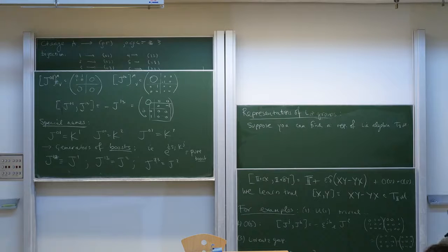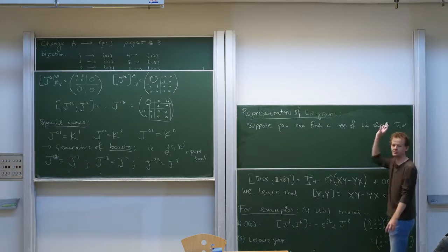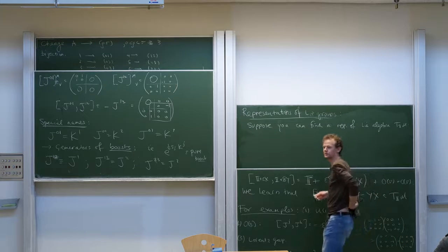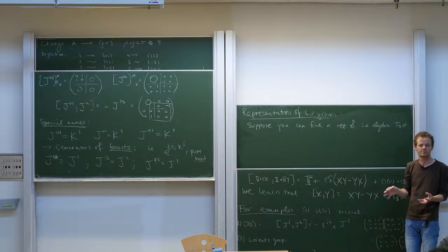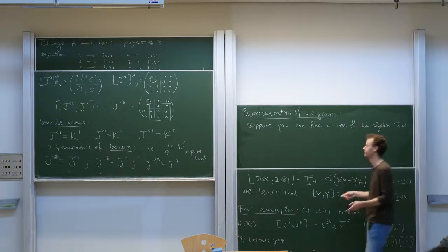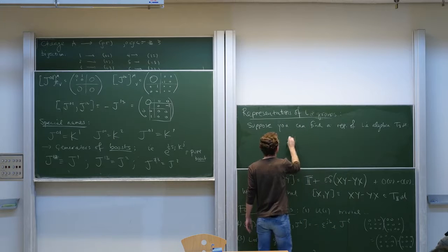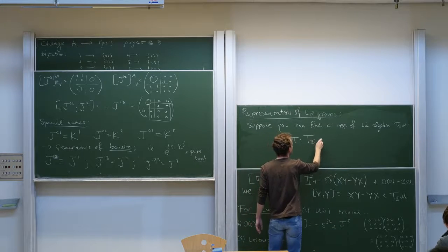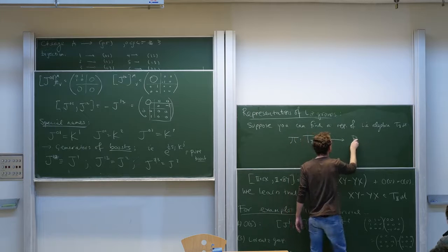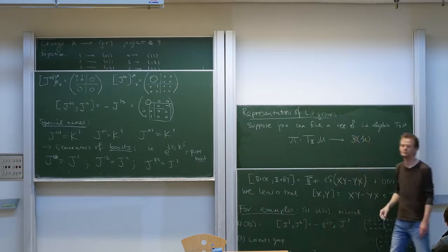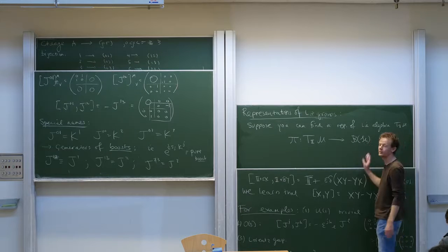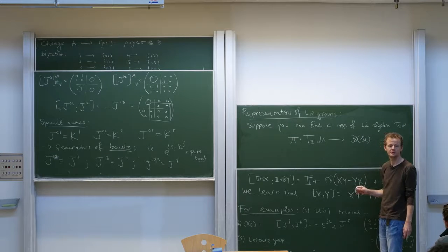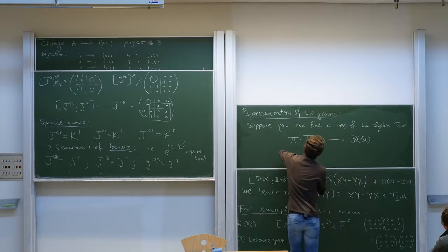It means a linear map from the tangent space to the manifold to some space of matrices. Because so far these are abstract objects. They only become concrete when you can write down a matrix that does the same thing as them. So a representation is a linear map from the tangent space to the identity of the manifold to the linear operators. Let's call them bounded linear operators on some Hilbert space H.